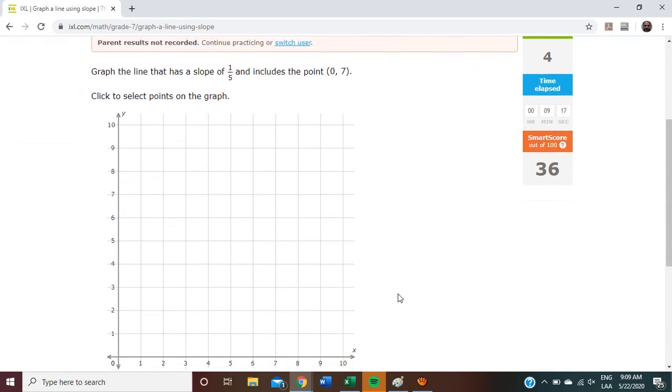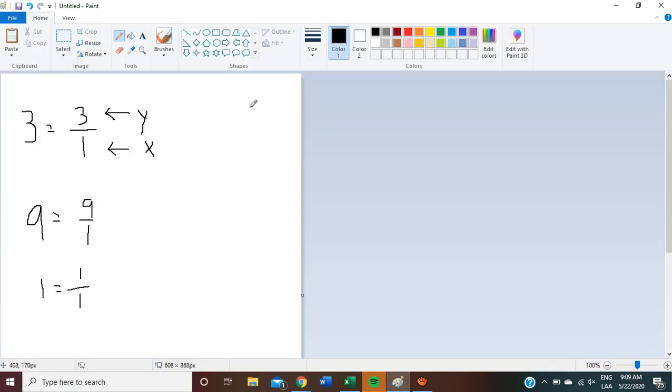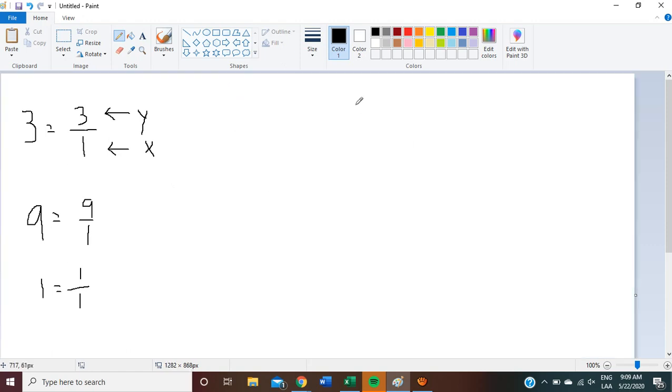Okay, as you can see now, our slope is a fraction. So we are going to start our line, or include (0, 7) right here. And our slope is 1/5. What's going to happen when we have a slope of 1/5? We don't have to convert it to a fraction because it is already a fraction.